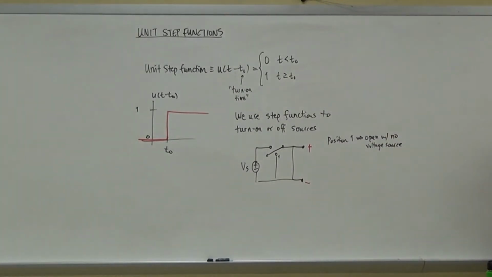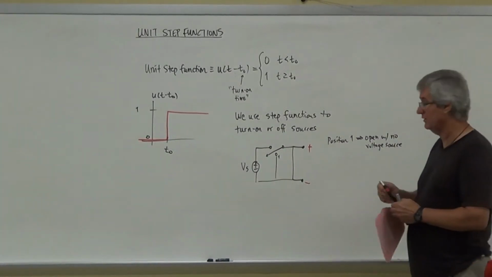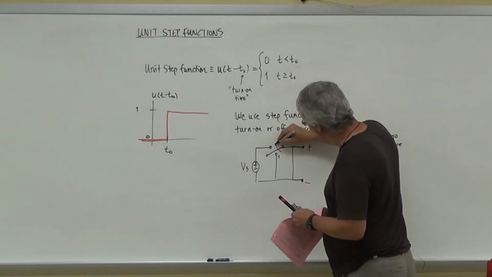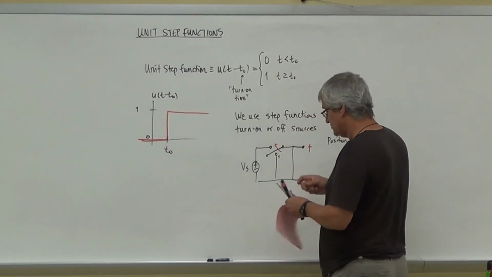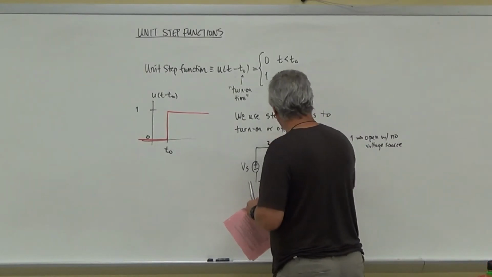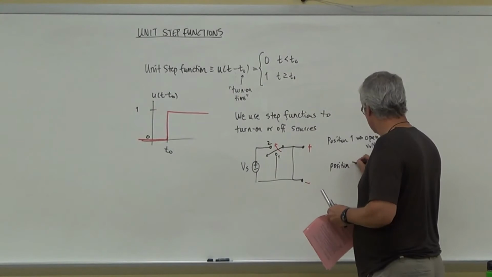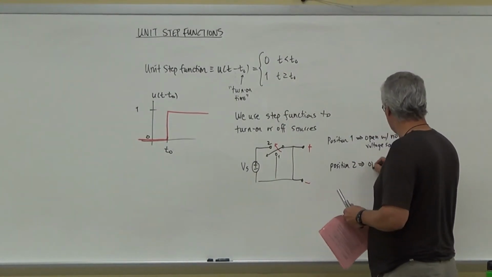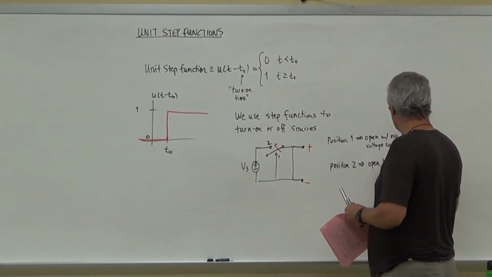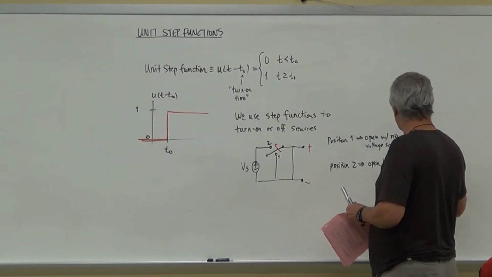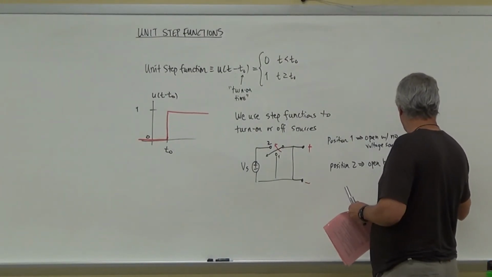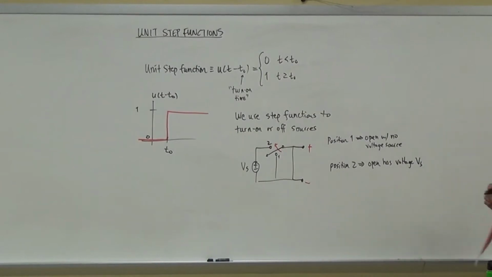But if I take that switch and close it, moving it into position 2, position 2 tells me that the open has voltage Vs. So it's either off or on, if I could say it that way.